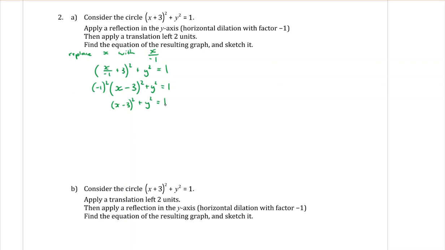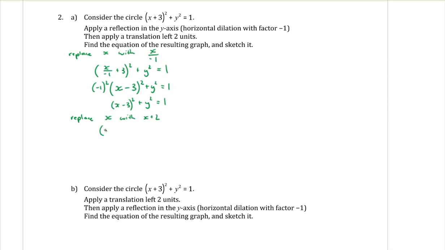The next step, then, apply a translation of left 2 units. So I have to replace what this time? X with, you're right, it's x. What am I replacing it with? X positive. X plus 2, yes. Okay, because we're going to the left, it means I need a +2, and I put that into my equation.